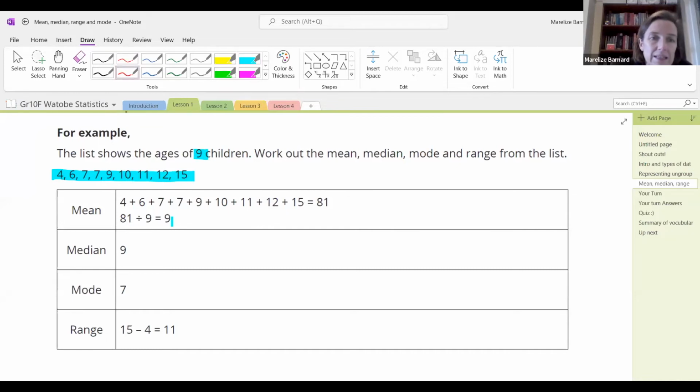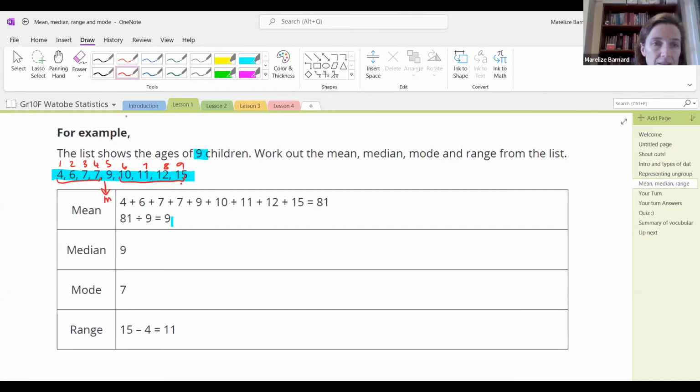The median, that is our middle value. So 1, 2, 3, 4, 5, 6, 7, 8, 9. So to locate the median, we can literally start counting with our 2 fingers from 4 and 15 and work inwards until we get to the middle. Or if you just check, there's 4 values on this side and another 4 on this side.